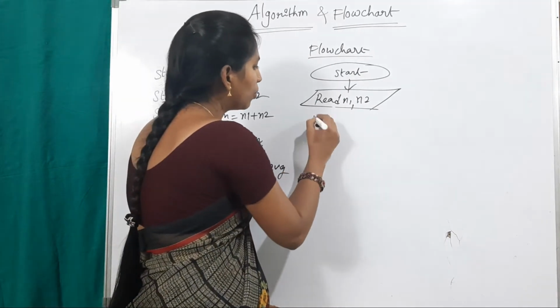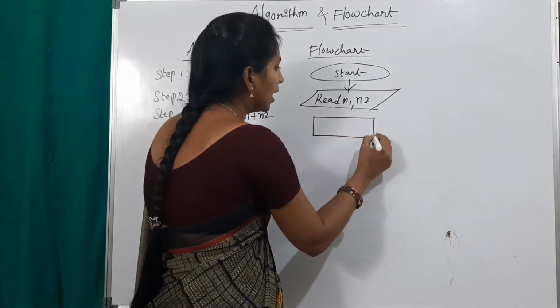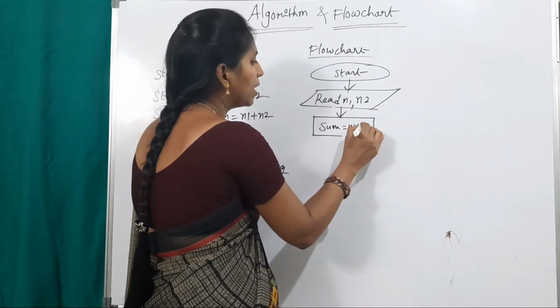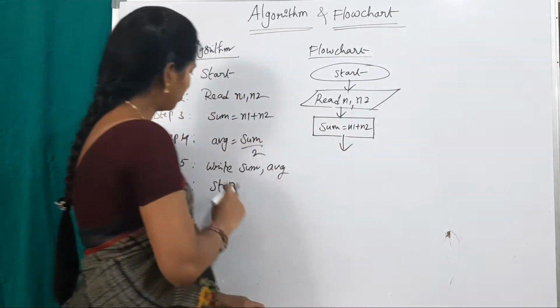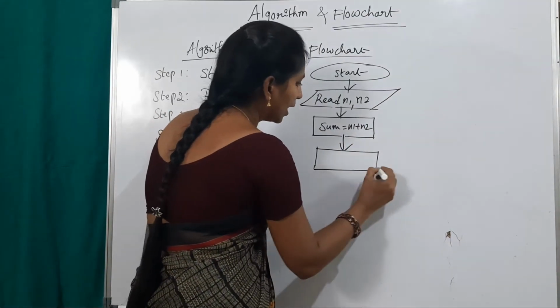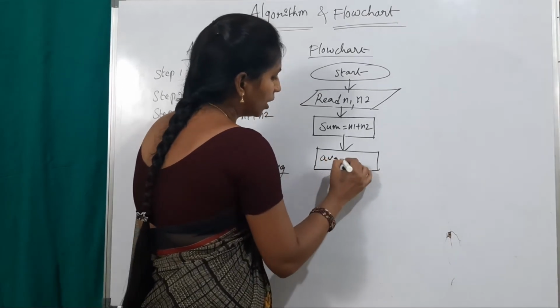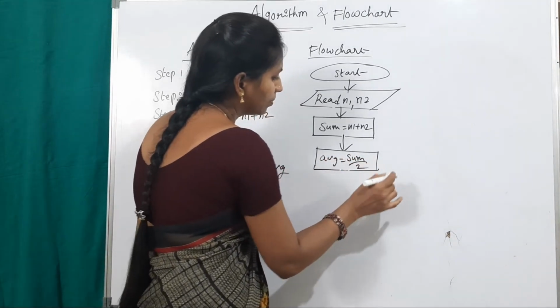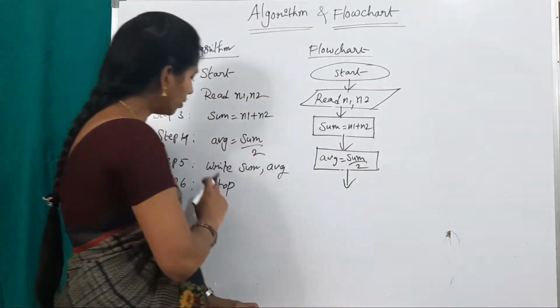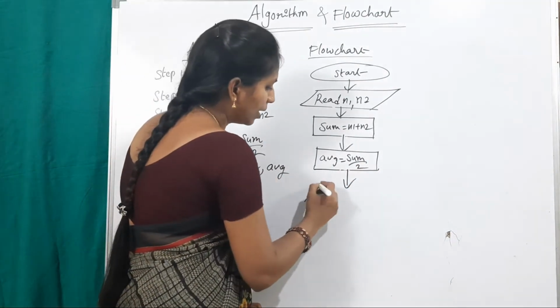So for processing use a rectangle. Down arrow, sum is equal to N1 plus N2. Next, again calculation, processing. So one more rectangle, average equal to sum by 2. Next down arrow, write sum and average.